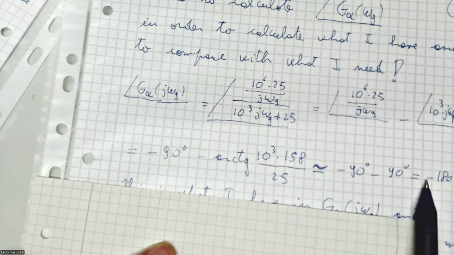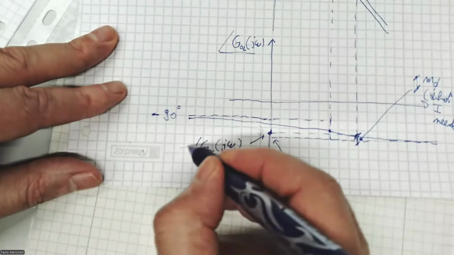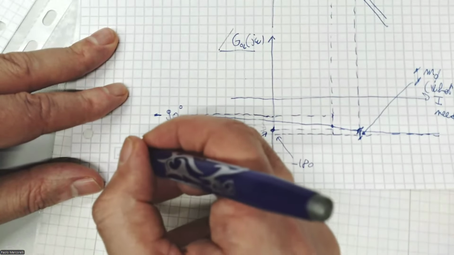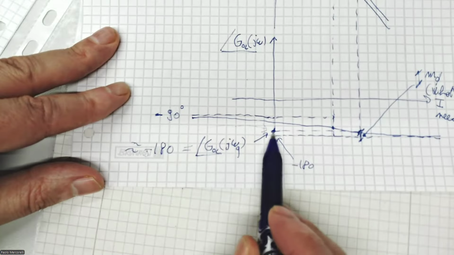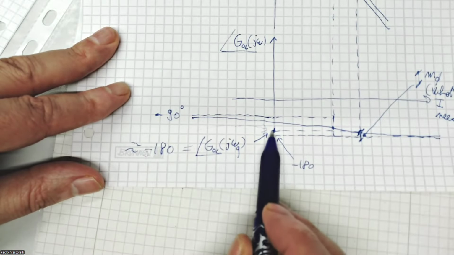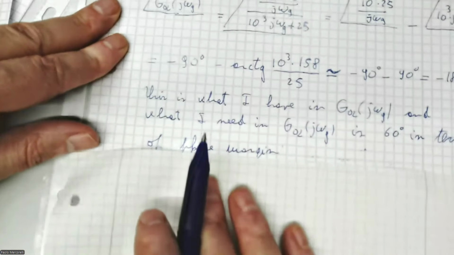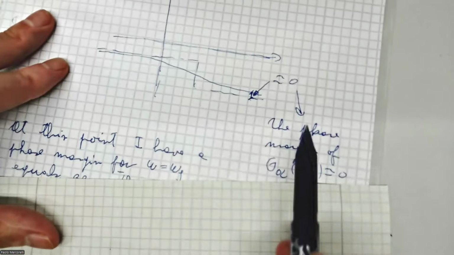This means we are almost minus 180. This means now I will do precisely. I don't need to put another circa. This means the margin is almost zero. The margin is almost zero. Then it's written here, the margin is almost zero.